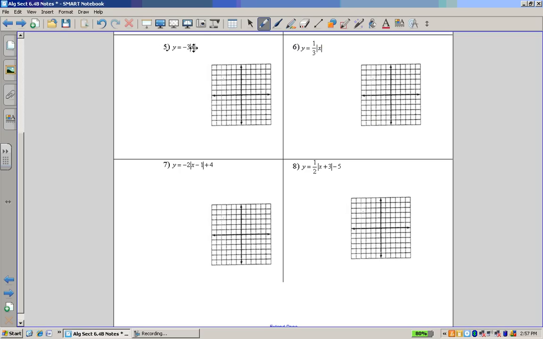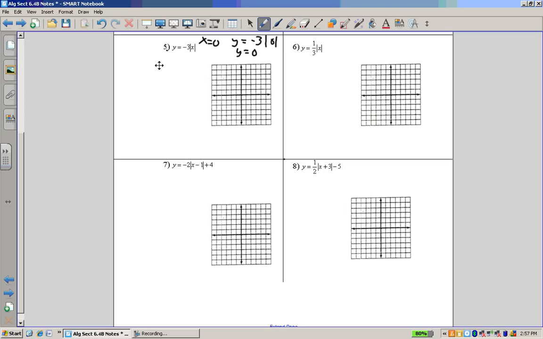We're going to set what's inside equal to 0. So x equals 0. We're going to plug that back in. Y equals -3 times the absolute value of 0. Well, the absolute value is 0. 0 times -3 is 0.